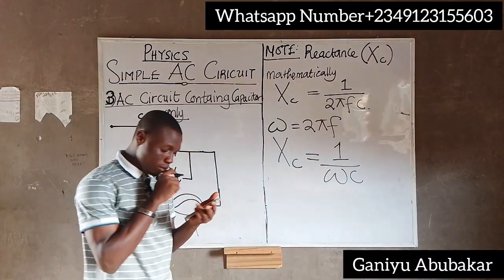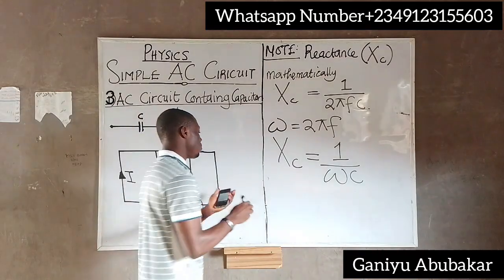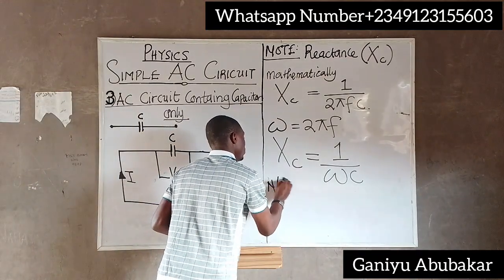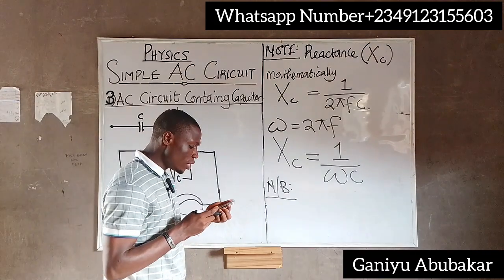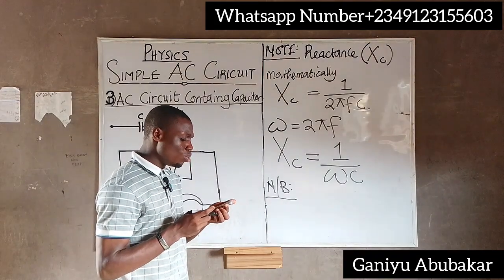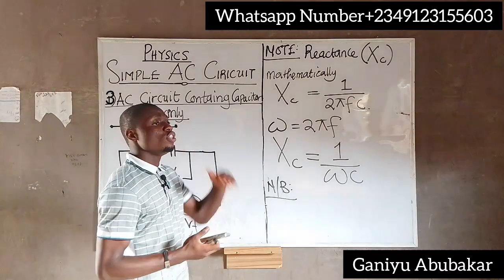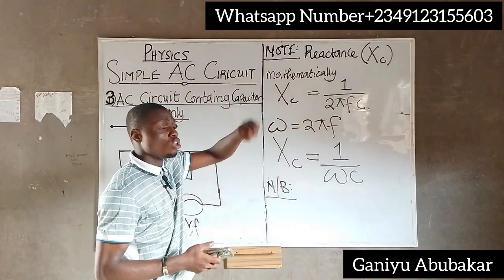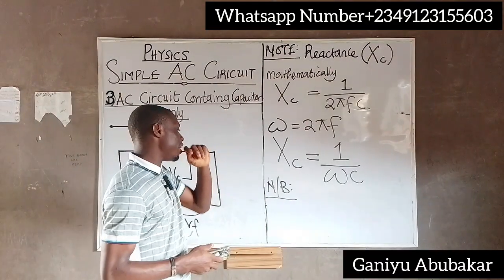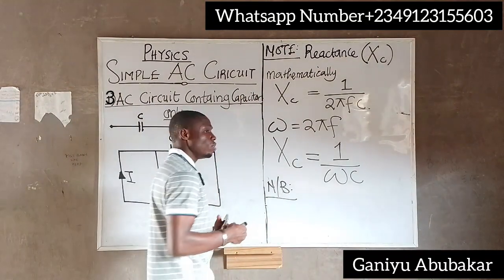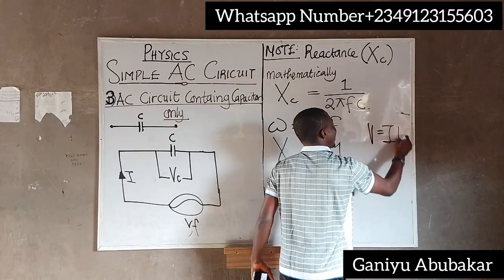Alright, I have this one here. Also note, please, the voltage flow through a capacitor circuit is given by the equation below. Now we know that V is equal to what? IR.